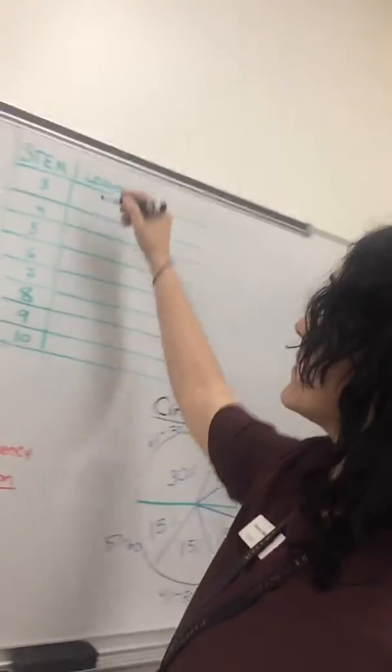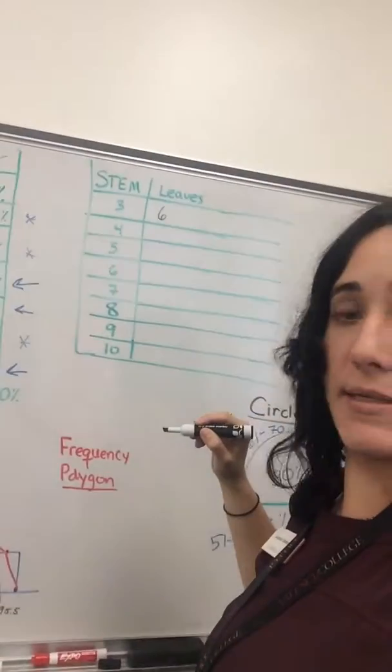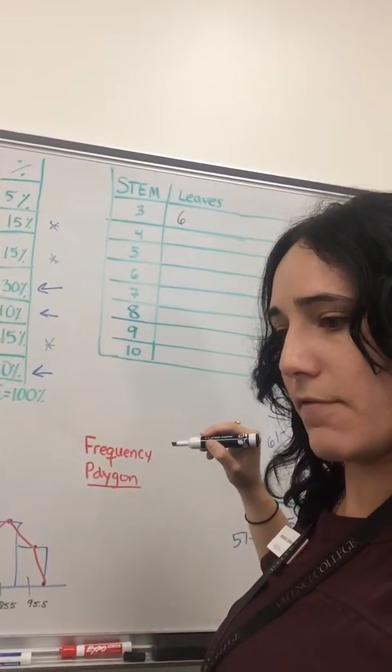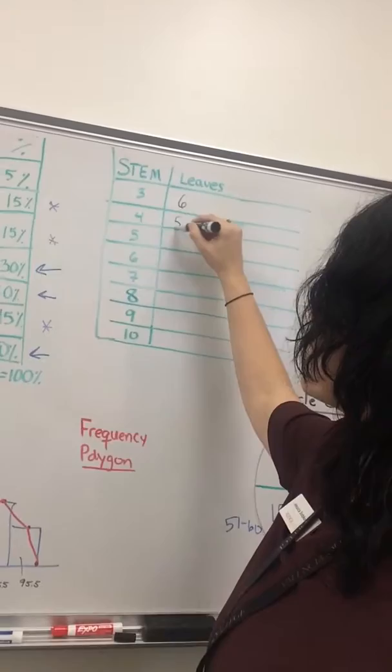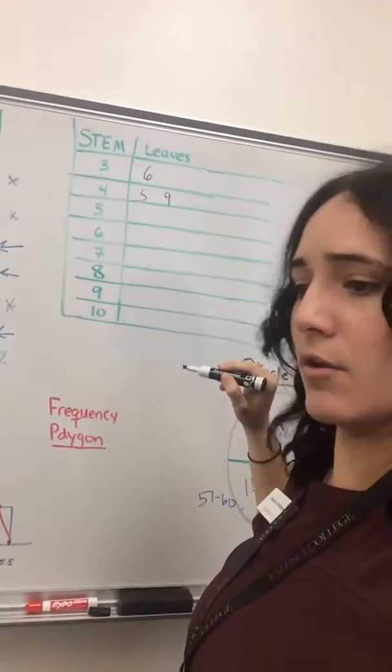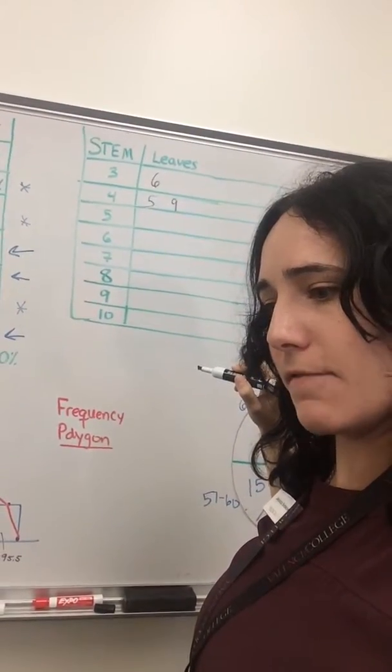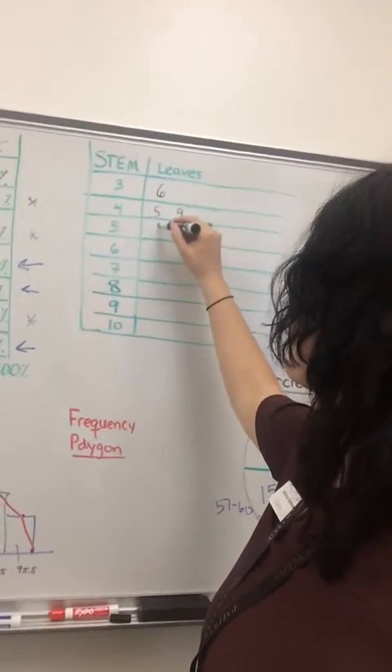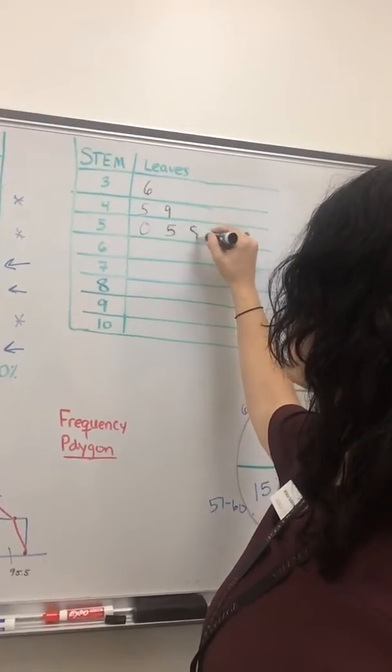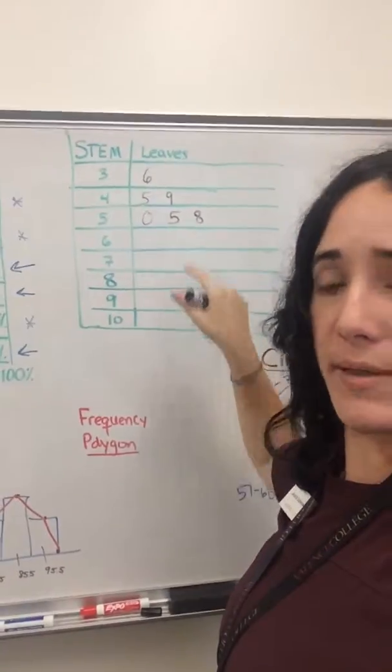Going back to the original data, we did have, in fact, a 36. And so because we had a 36, we would put a 6 there. We also had a 45 and a 49, so 45 and 49. We also had a 50, a 55, and a 58. Notice there's no commas in between them.